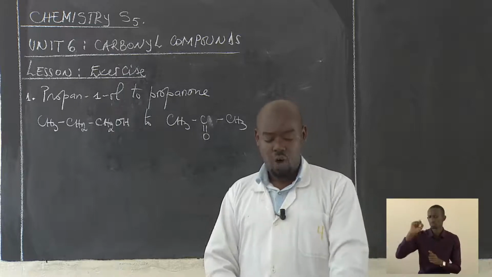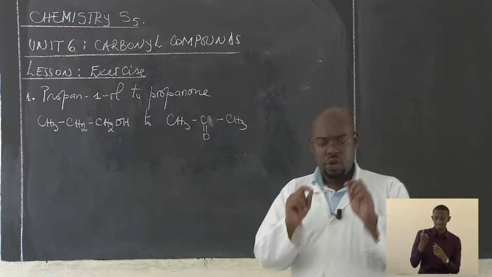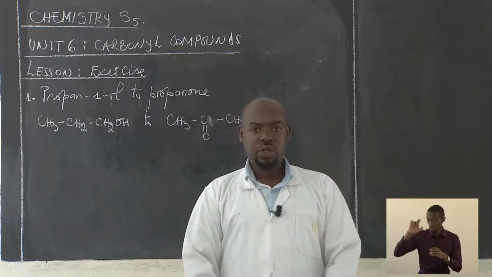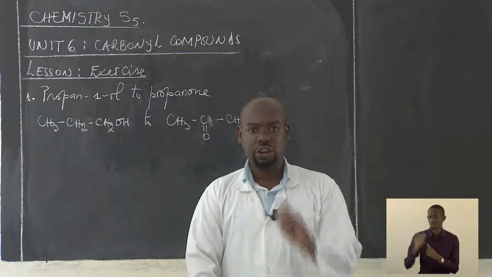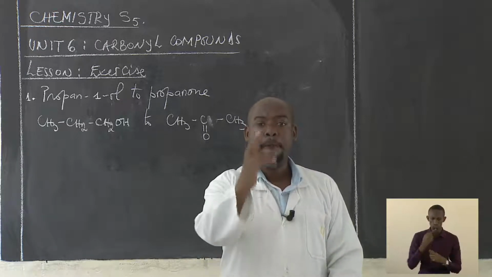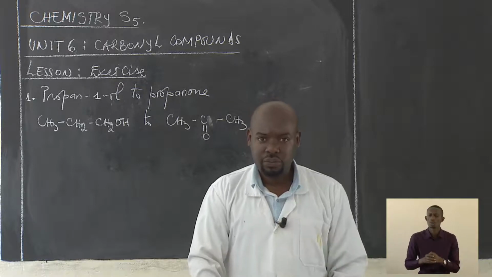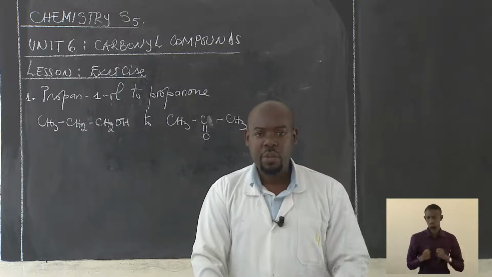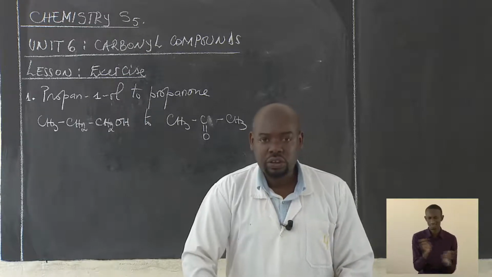And in the compound we want to produce, the oxygen is on the second carbon atom. So the first thing to be done before we can proceed with the oxidation is to move or to change the position of that OH. How can you come up with that? Changing the position of that hydroxyl group.